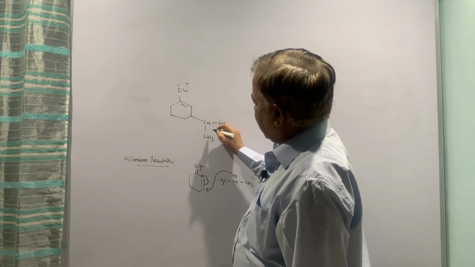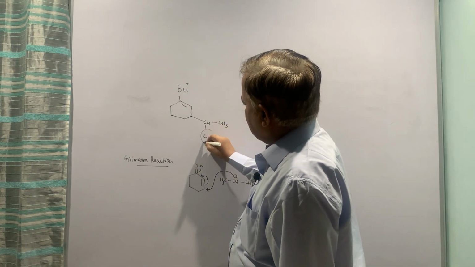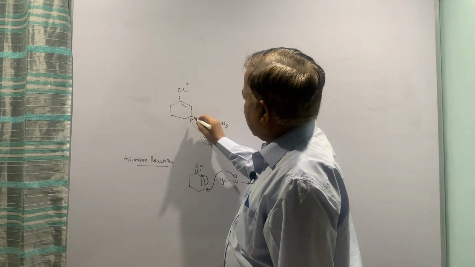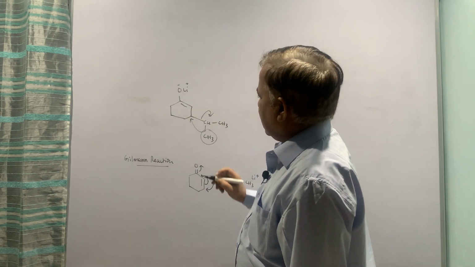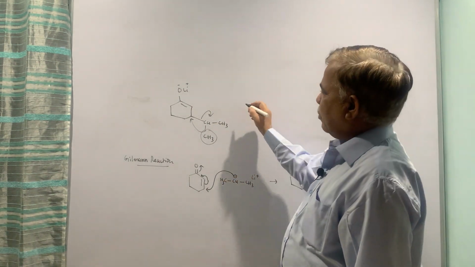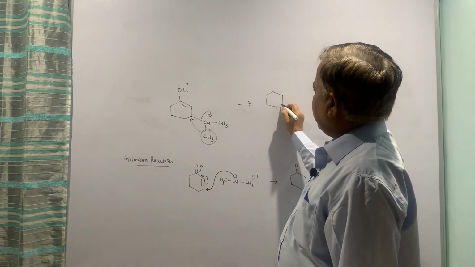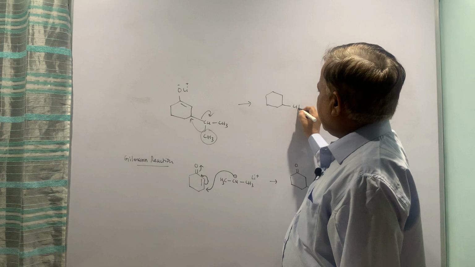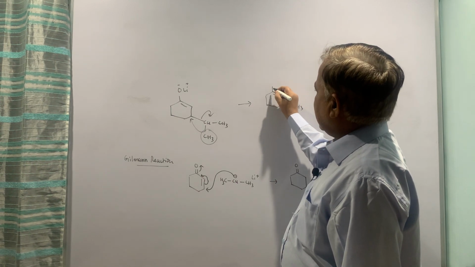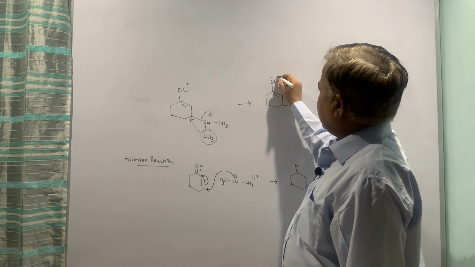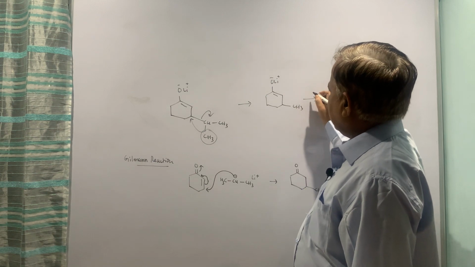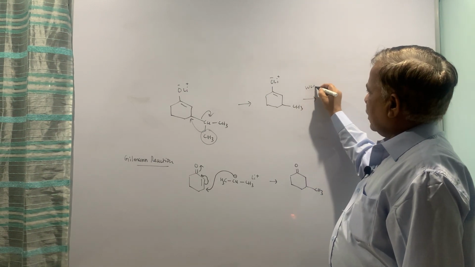Now this methyl goes here. The carbon-copper bond is replaced by a carbon-carbon bond, and the methyl group is coming here, and this will take up the proton during the workup.